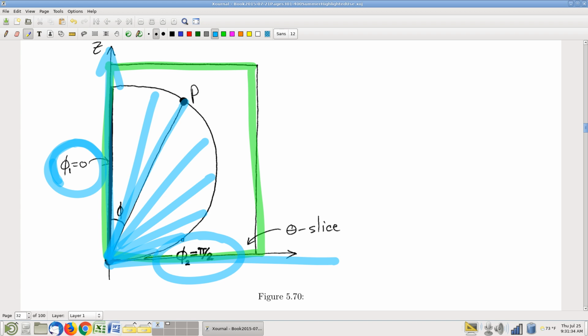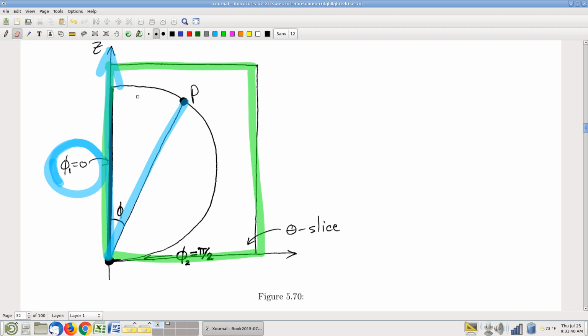Okay, lastly now, on our phi slice of our theta slice, looking at this thing here, we want to talk now about what's the range of values of rho. Okay, so rho starts there and ends there. So what does that mean, though? How am I going to find rho at these points?